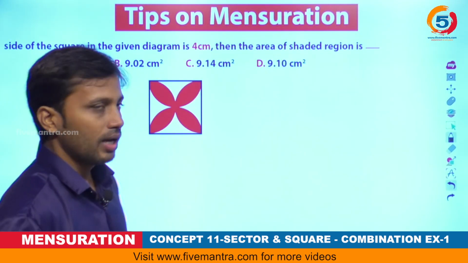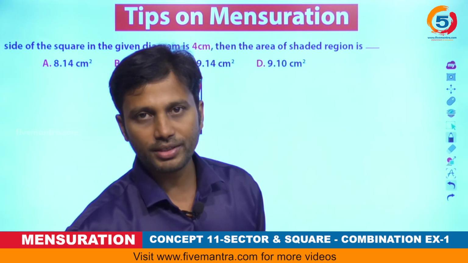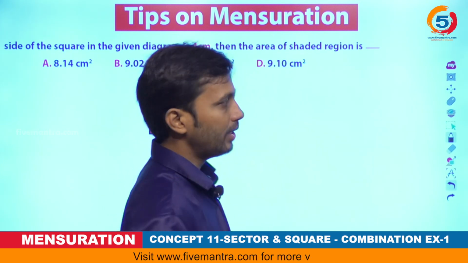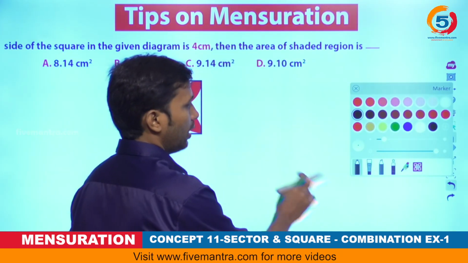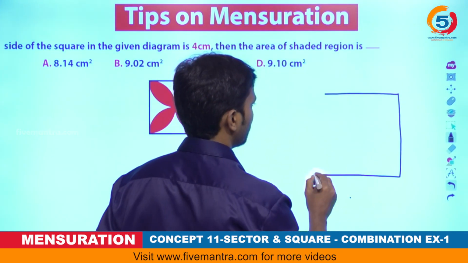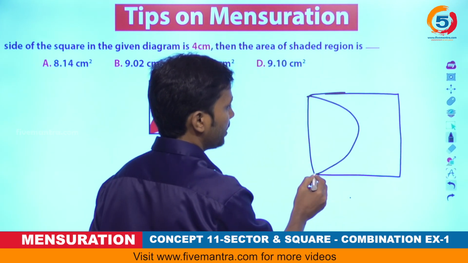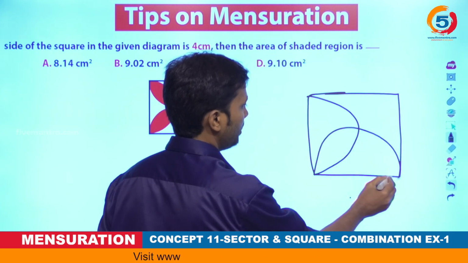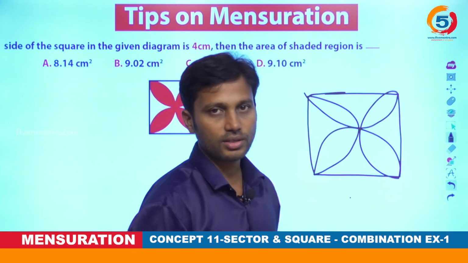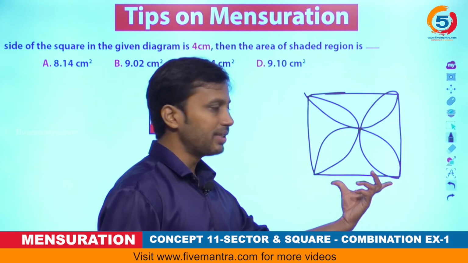Before starting this problem, once again I want to remind you the shortcut which we discussed in the conceptual video. It's a square, and 4 semicircles are drawn within the square with their diameters equal to the side.